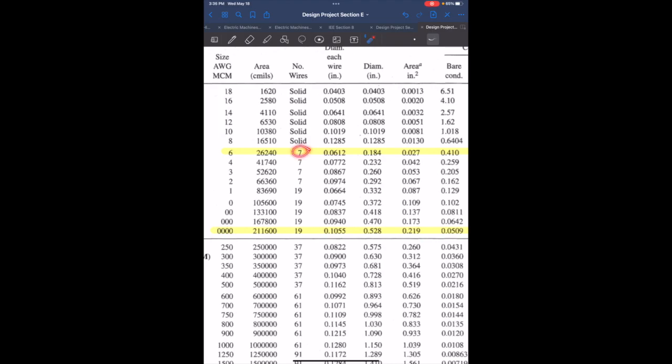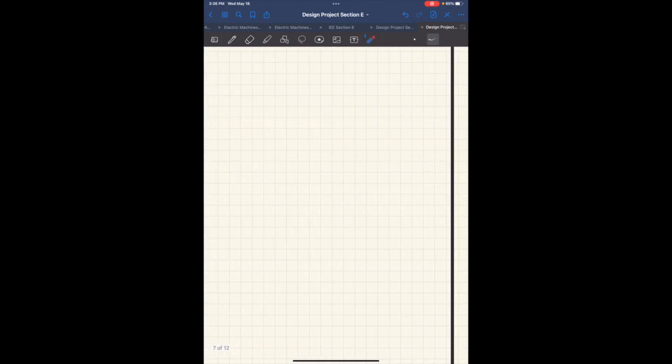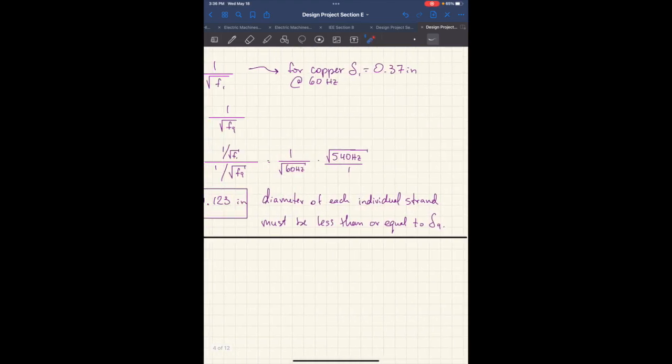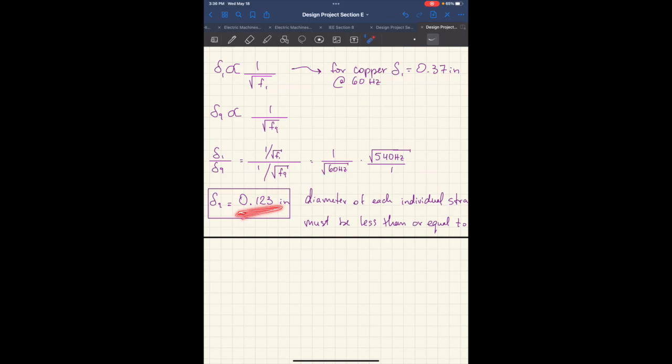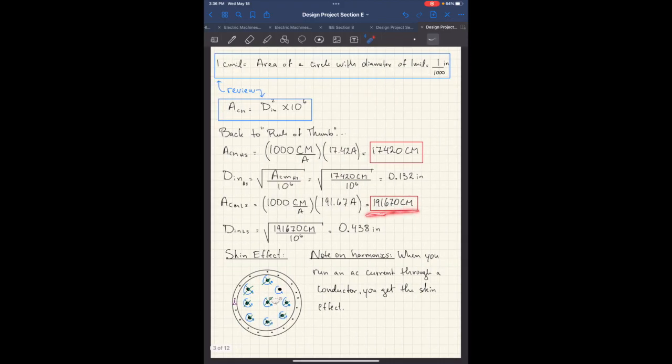This one is stranded with 7 wires, and we look at the diameter of each individual wire, which is given here. It is supposed to be equal to or less than 0.123. This one is 0.067, so it's smaller. We're good. We do the same thing for the other one, which is supposed to be 191,670 circular mil.